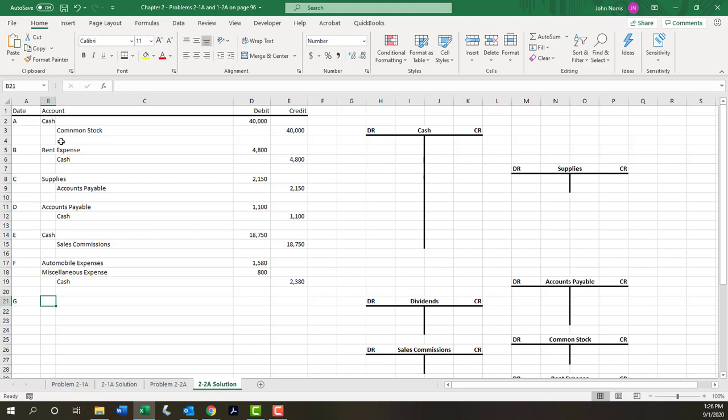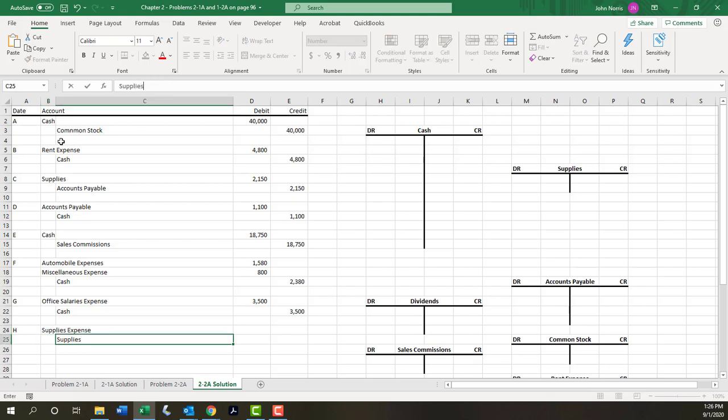G is paid office salaries, and we paid it, so that's cash, $3,500. H, determine that the cost of supplies used, so supplies expense and supplies, was $1,300.